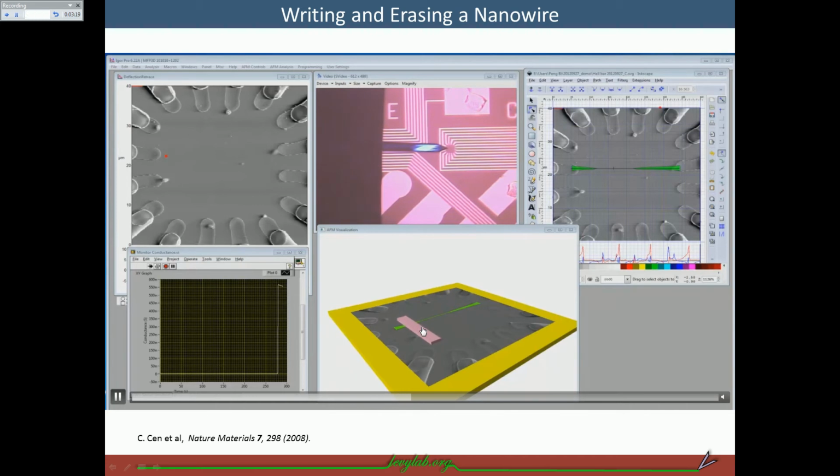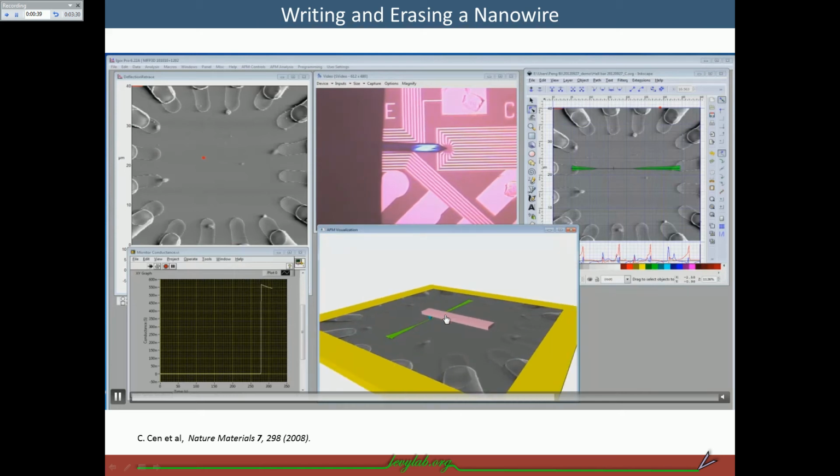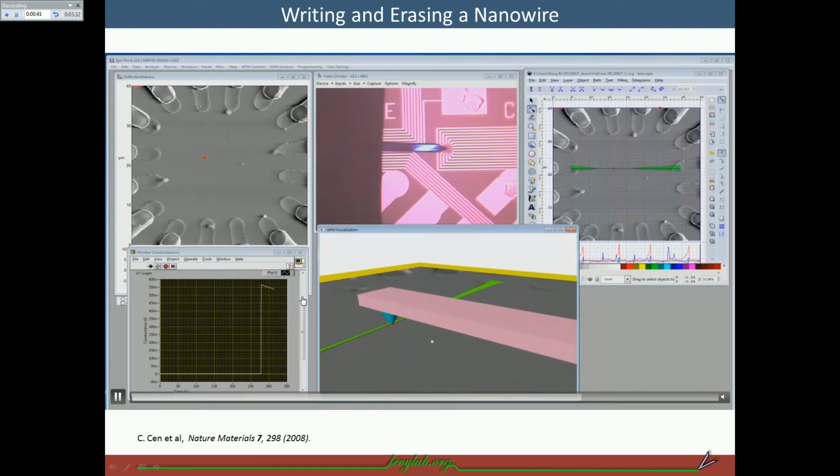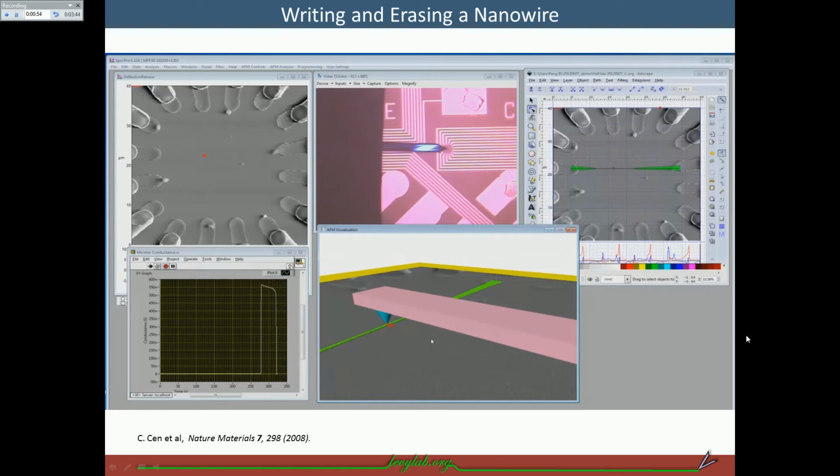Once the tip reaches the second electrode, we have a nanowire, associated with a conduction jump. We can also apply a negative voltage to the tip and cut the wire. Here you'll see it's cutting the wire now, and when the tip cuts through the wire, the conductance drops sharply. The width can be as small as 3 nanometers.